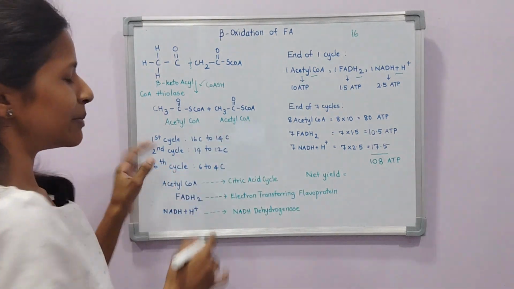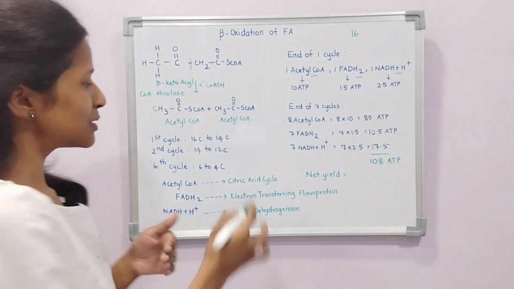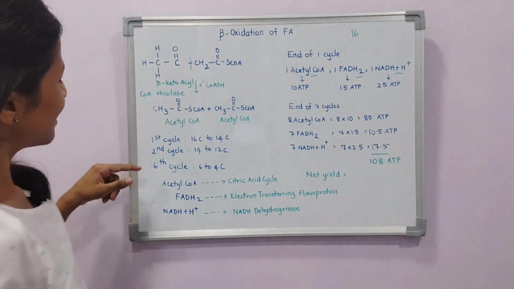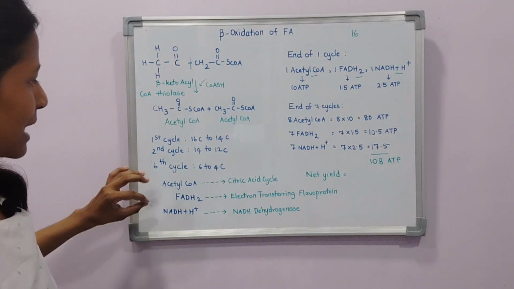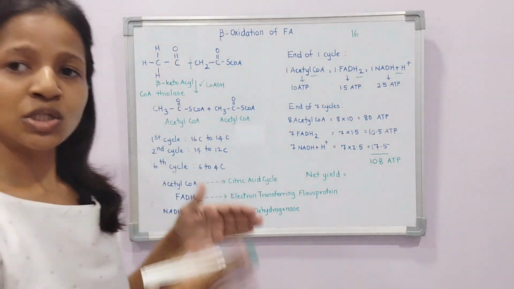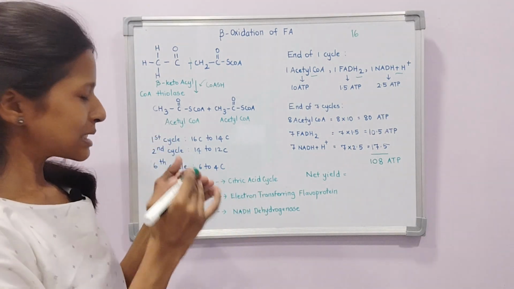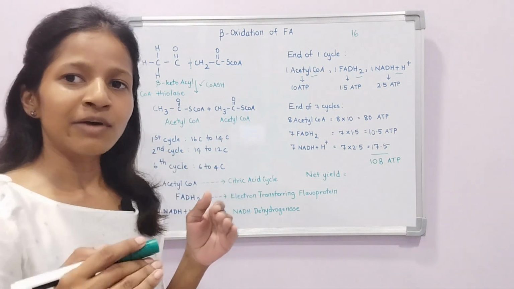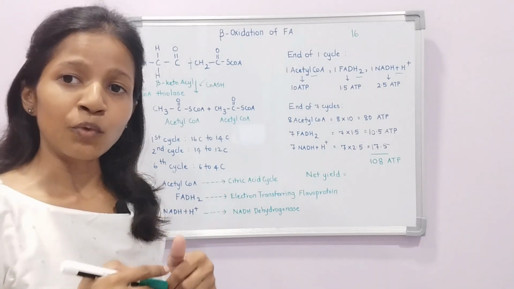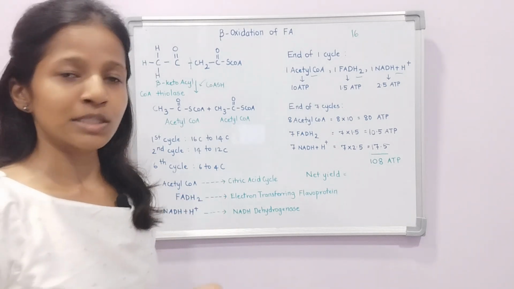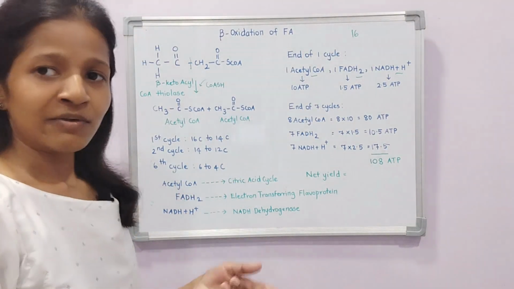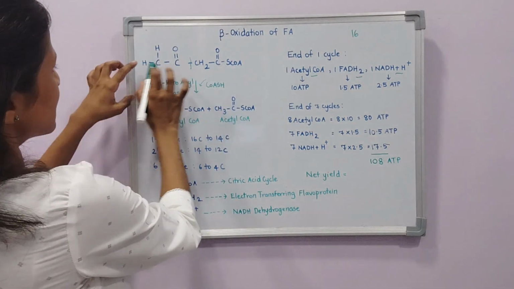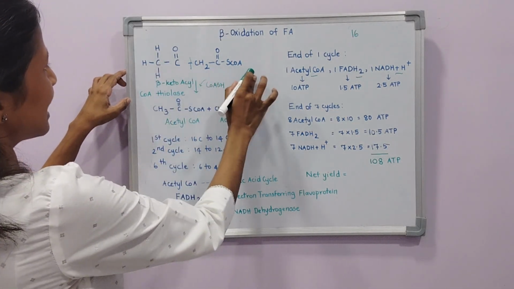Second cycle it will be 2 carbon atoms lesser, so it will be 12 carbons. So that way, as it finishes the 6th cycle, a 6 carbon chain length fatty acyl CoA would become a 4 carbon chain length fatty acyl CoA. So in the 7th cycle, this is the 4 carbon chain length.